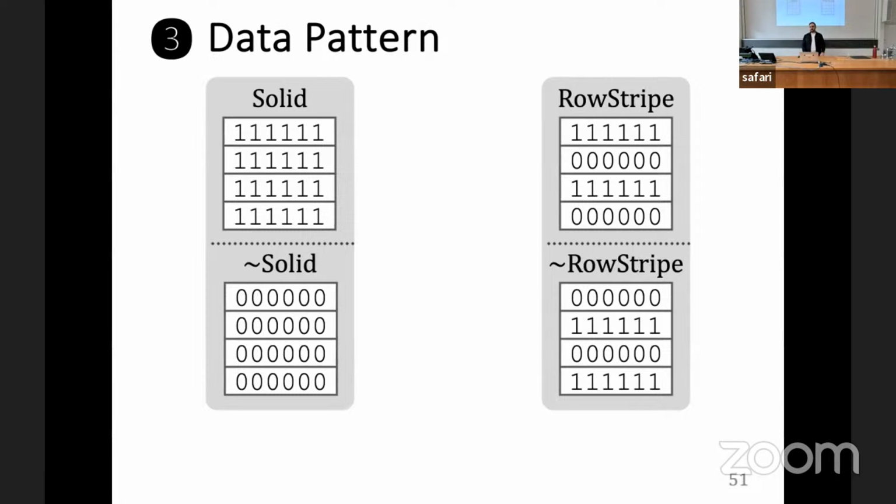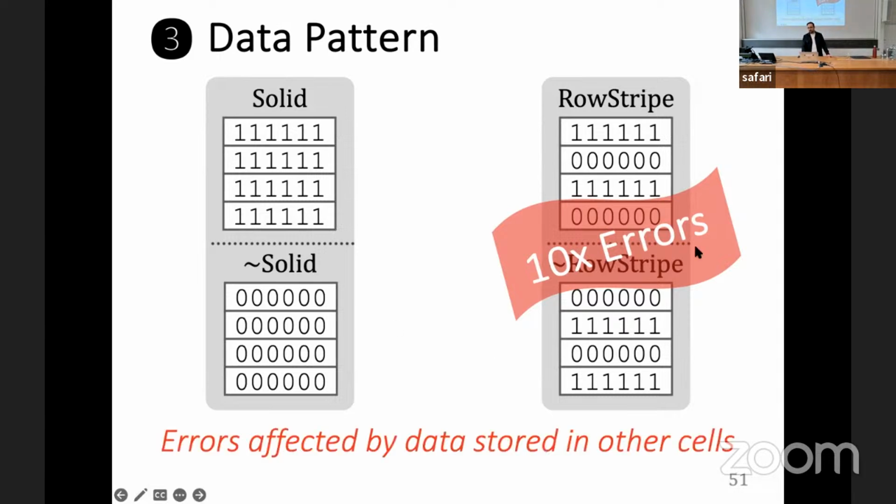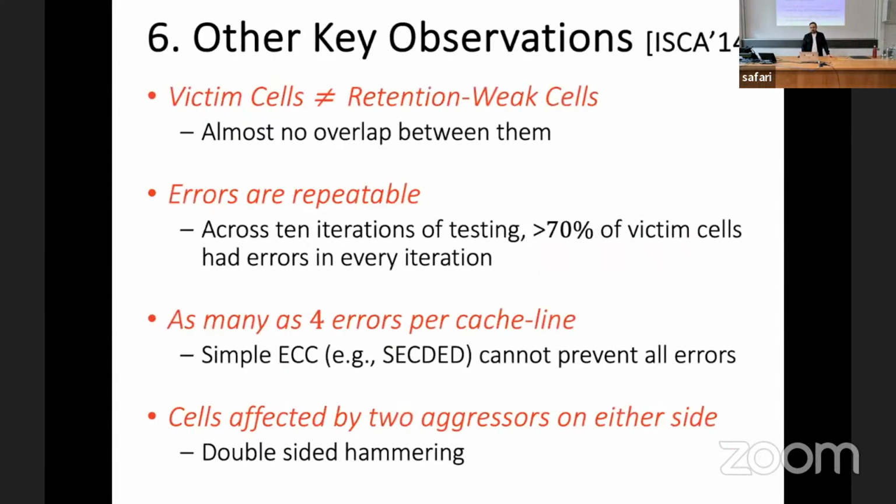Also, data pattern plays a significant role here. If we initialize the whole DRAM row with ones or with zeros, we have some bit error rate, of course, but when we go for an interleaving data pattern, we increase the bit error rate quite significantly.